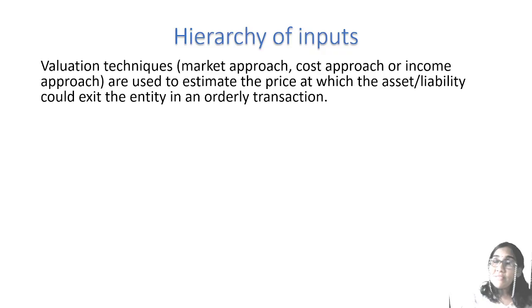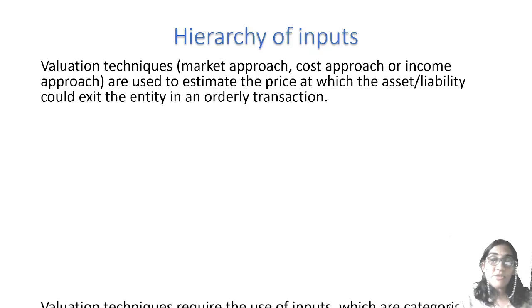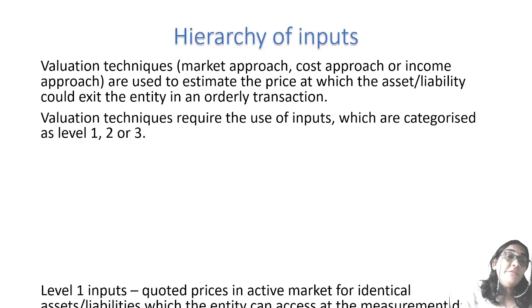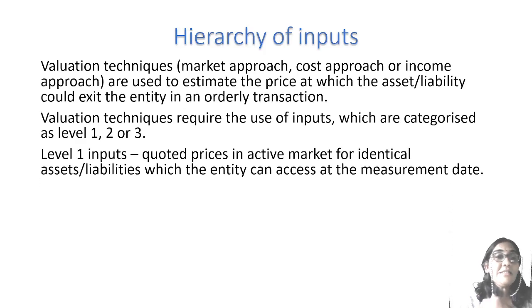One can use the market approach, the cost approach, or the income approach to estimate the price at which the asset or liability could exit from the entity in an orderly transaction. Now, the valuation technique requires use of inputs, which are categorized as level 1, level 2, or level 3. Let us have a look at these.